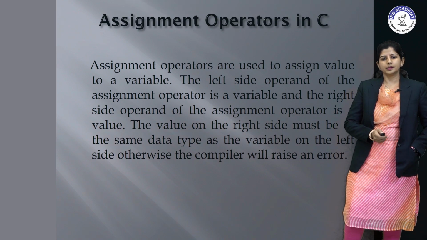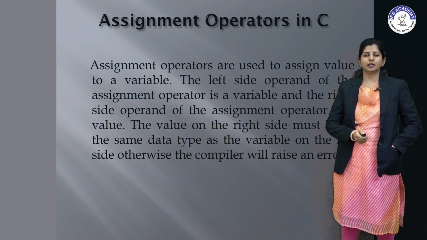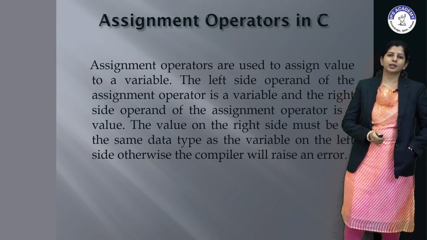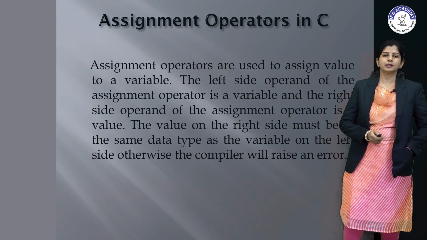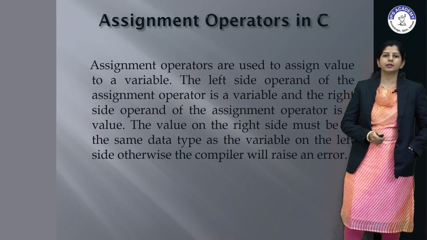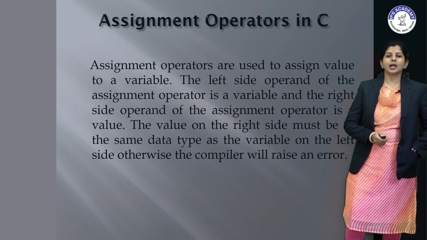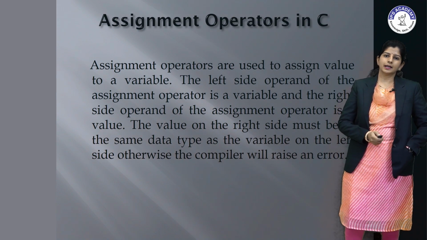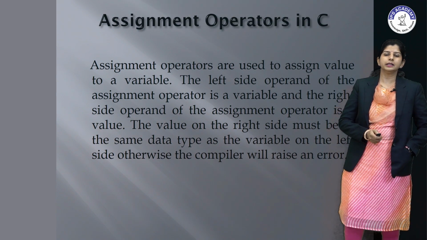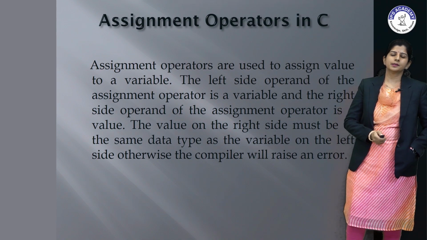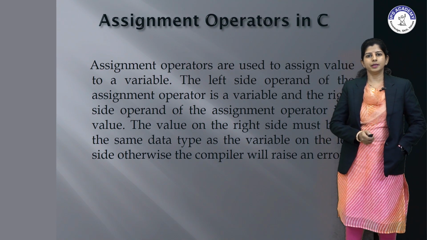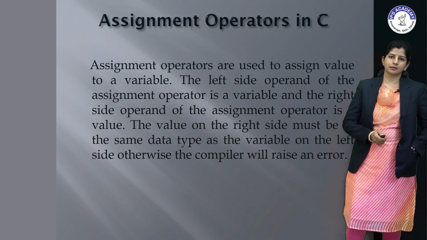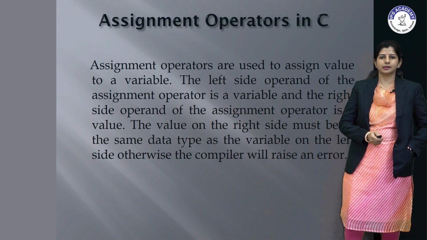It is also noted in the definition that the data types of both operands must be the same, otherwise it will give an error. If A and B both have the integer data type, then C also has the integer data type, only then is it possible that A and B are added and assigned to C.